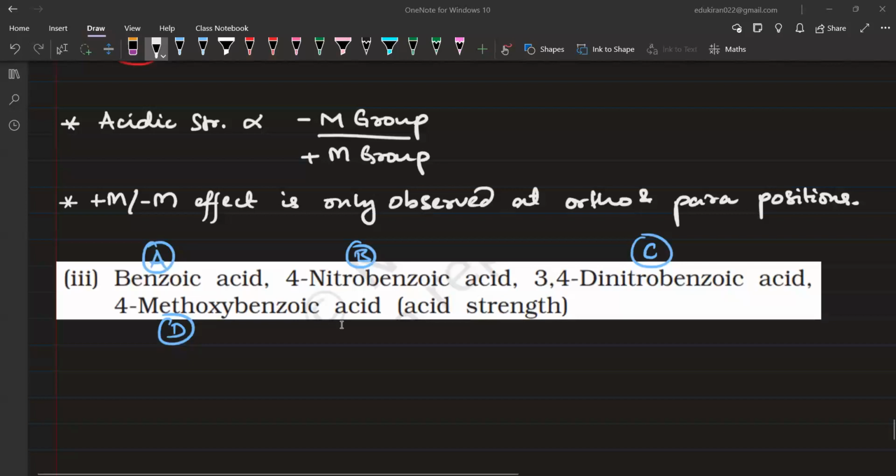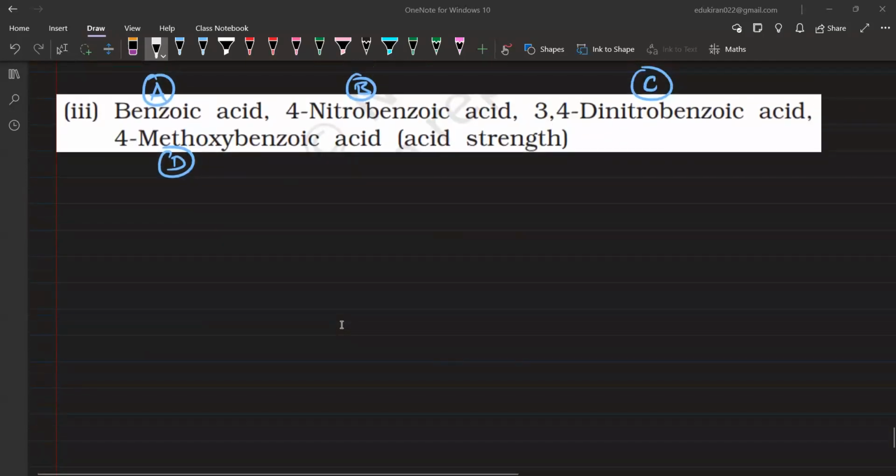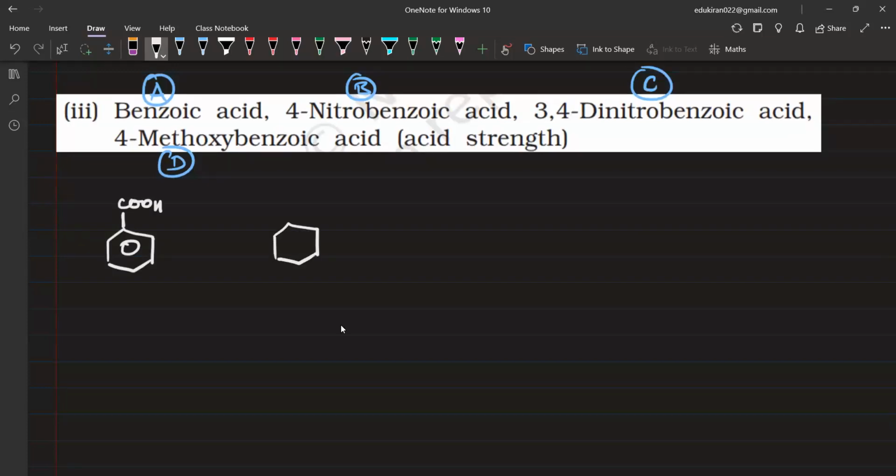Let us see. So we have benzoic acid first of all. Benzoic acid is going to be a simple benzene ring with COOH, nothing attached. Then we have 4-nitrobenzoic acid. That means we have benzoic acid like this, attached with an NO2 group in the para position. Then 3,4-dinitrobenzoic acid.